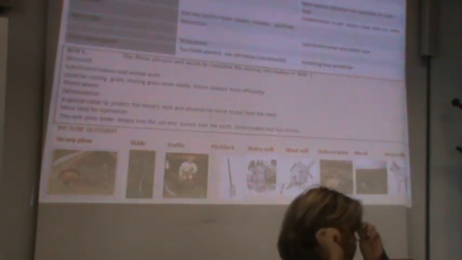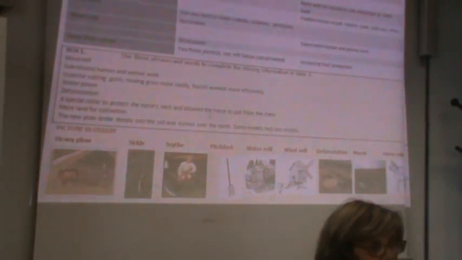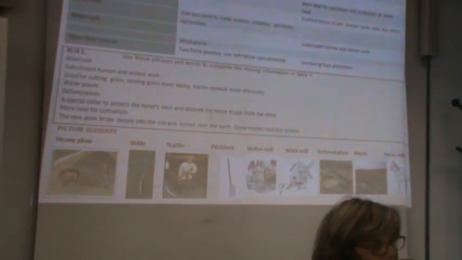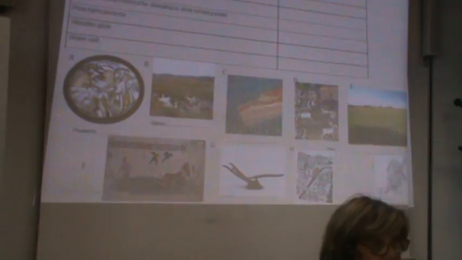In exercise 1, we have a table with 3 columns: the first column is new farming method and technology, the second is description, and the third is advantages and effects. The students have to find the missing words and put them in the spaces in the table.